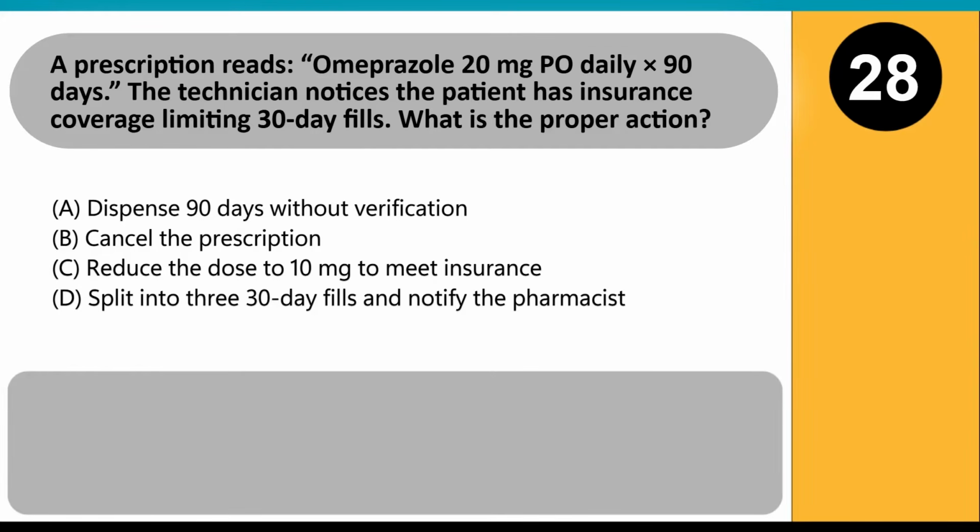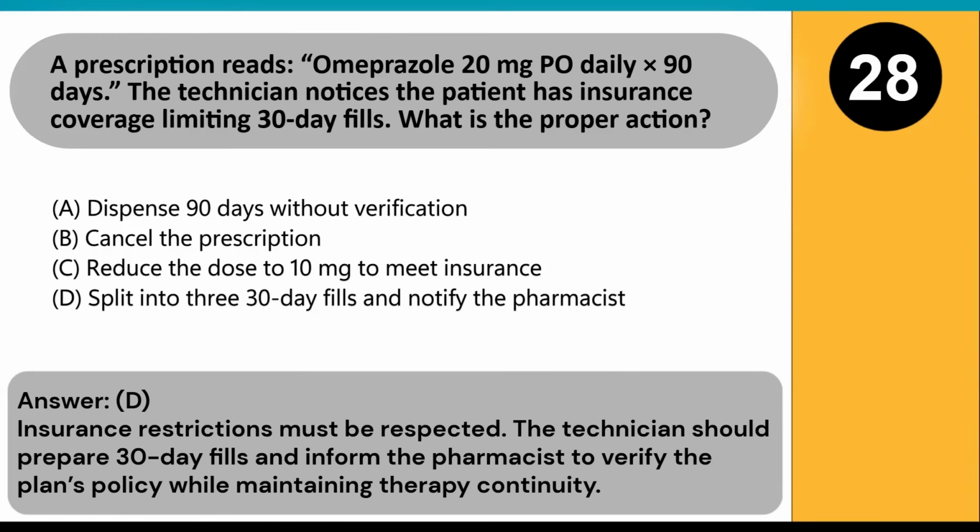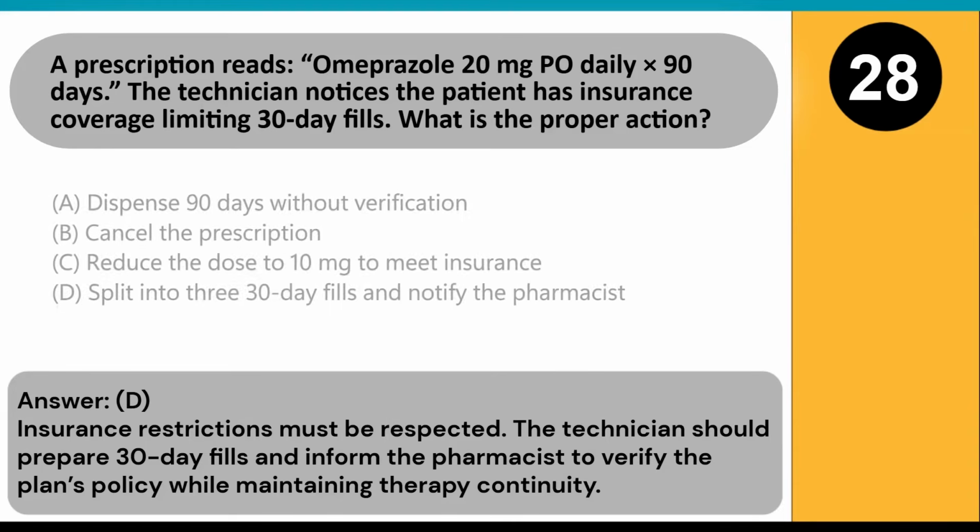C. Reduce the dose to 10 mg to meet insurance. D. Split into 3 30-day fills and notify the pharmacist. Answer D. Insurance restrictions must be respected. The technician should prepare 30-day fills and inform the pharmacist to verify the plan's policy while maintaining therapy continuity.